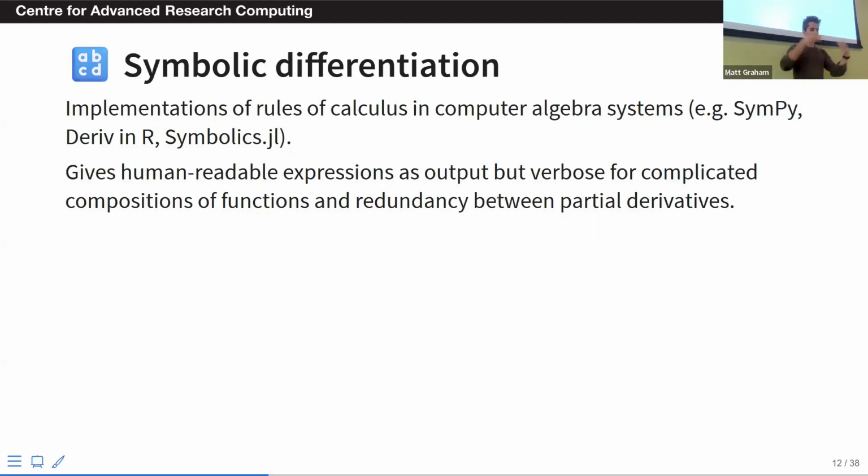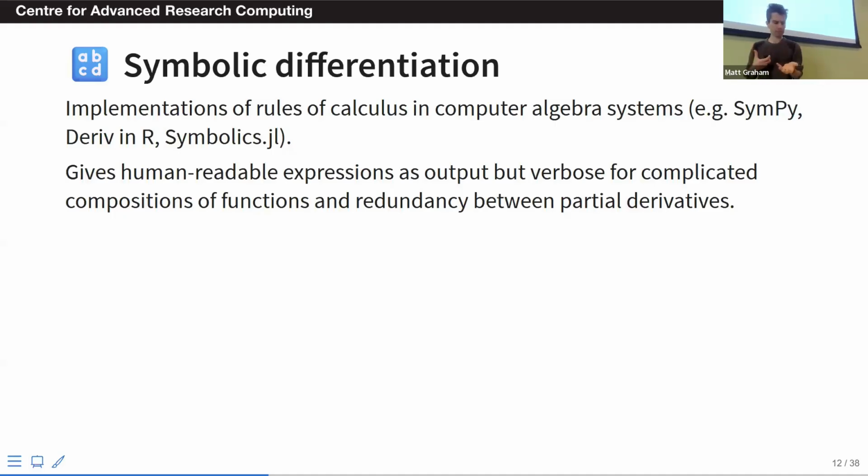This leads to a really quick exponential blow up when we have functions which are composed of other functions, which is commonly the case when we're working with models on a computer. And beyond the fact that the expressions themselves become unwieldy to work with, we're not exploiting the fact that the different partial derivatives will typically have a lot of redundancy between them. There will be common expressions that we don't need to be evaluating separately.